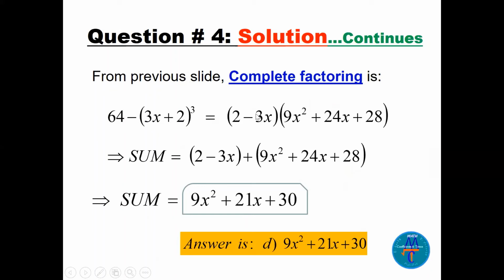Find the sum. So I take the first, and then I add, because the question says, find the sum. Add with this. See, when you add, there is no squared here, so that's squared. 24x, there's a minus 3, so 21. 2 and 28 is plus 30, so we can see the answer is the D in the multiple choice questions.